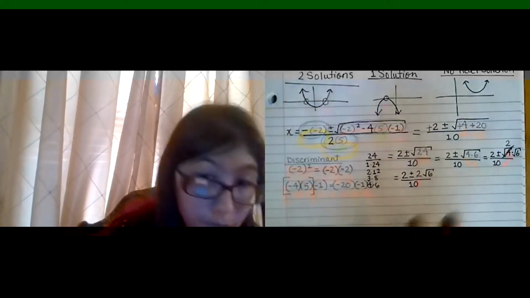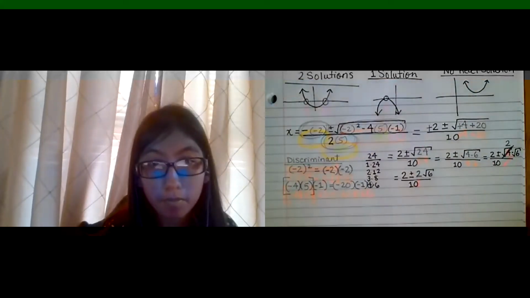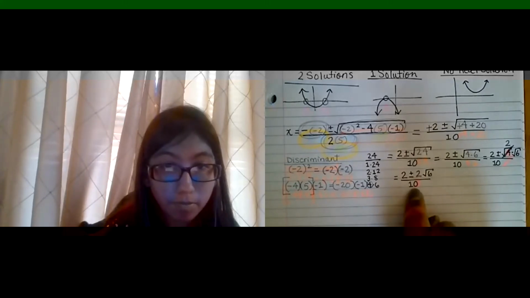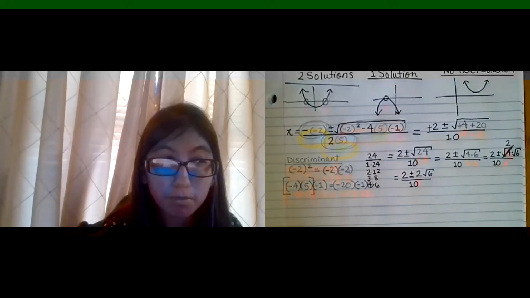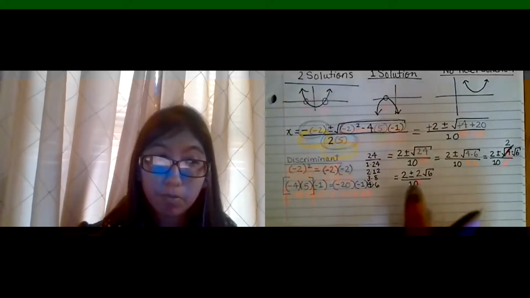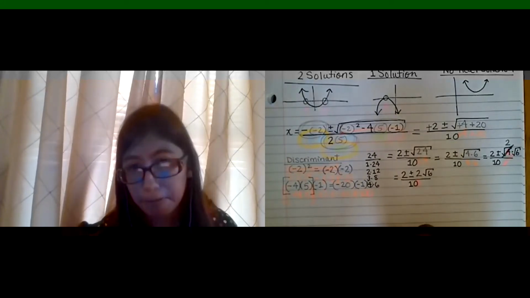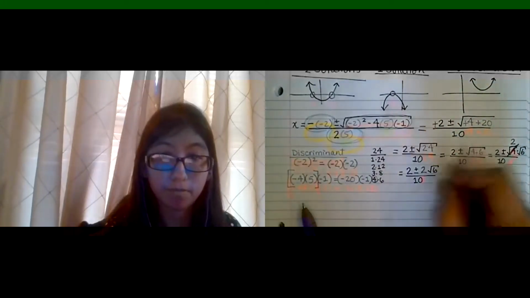Now I know that this seems a bit complicated, because now, taking a look, 2, 2, and 10. Do they have a GCF? Do they have a number that they're all divisible by? 2, 2, and 10. I was thinking 2. 2, right? So we're going to factor out that 2.